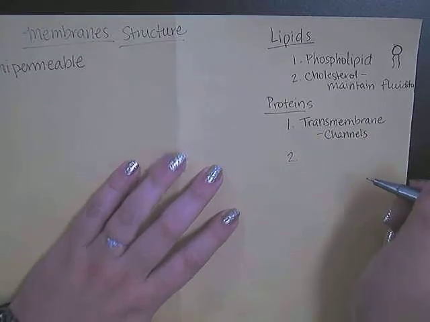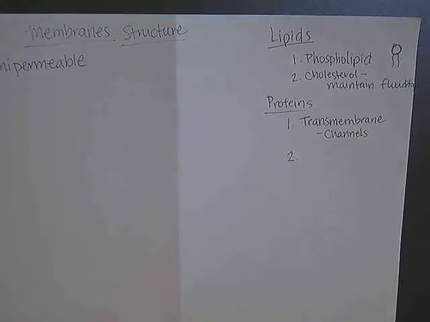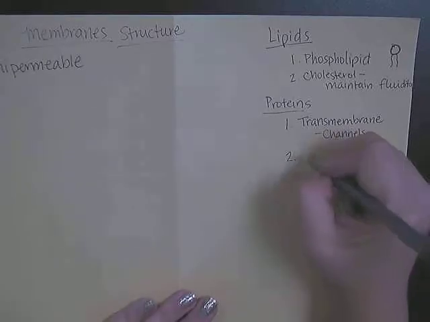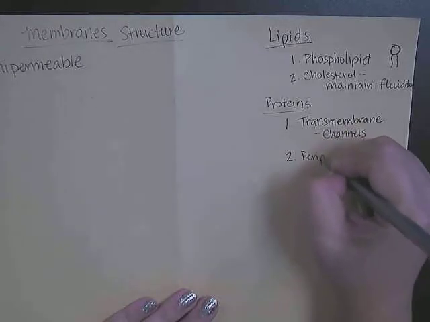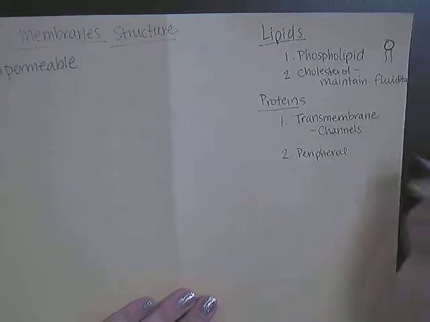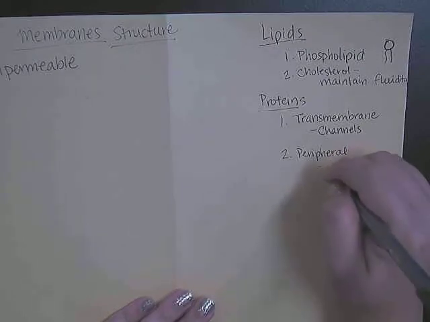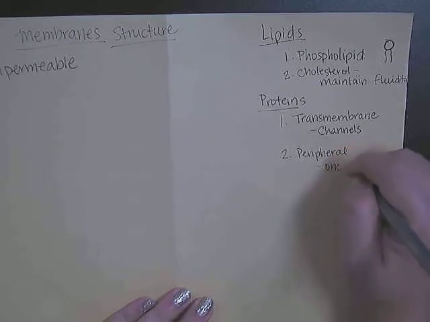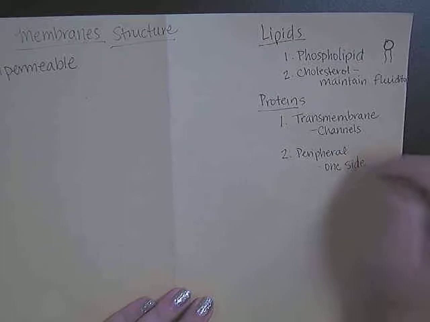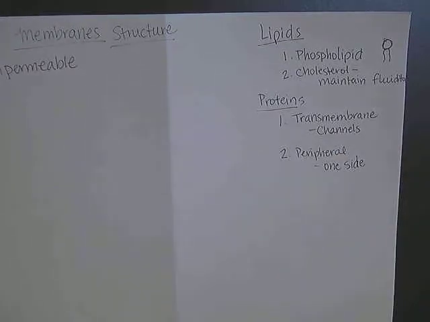The second type of protein that is a component of the membrane are what are known as peripheral proteins. And these only stay on one side. They can act as anchors. They can act as part of the third component, which are carbohydrates and identification.